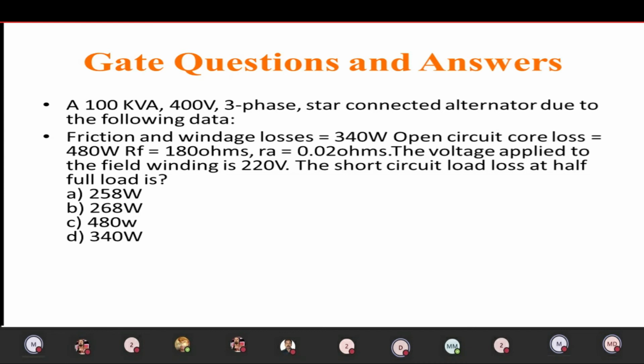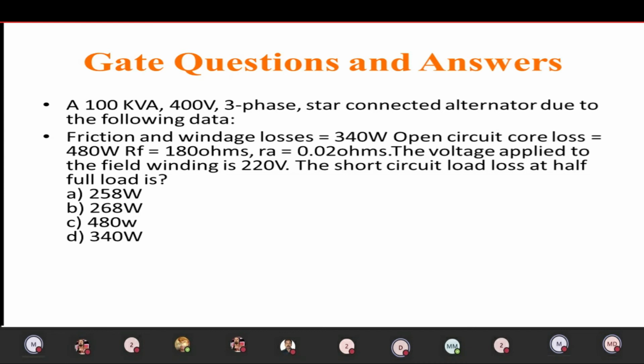If you read about an alternator, mostly it is star connected. If it is not mentioned, you can take it as a star connection. So a star connected alternator with the following data.